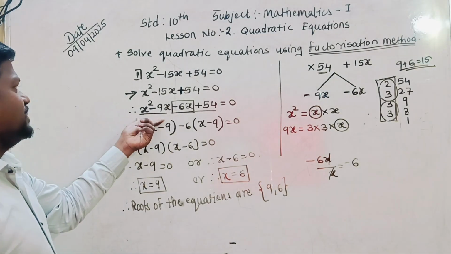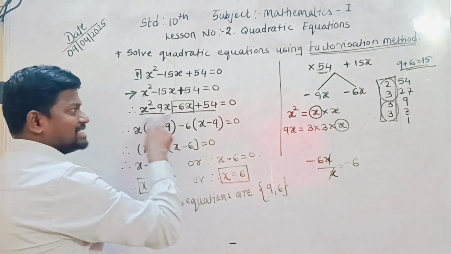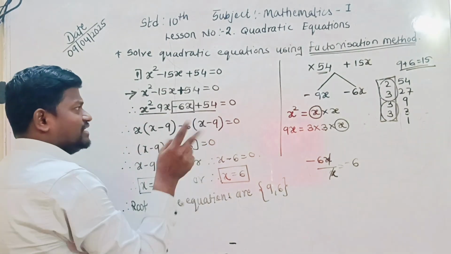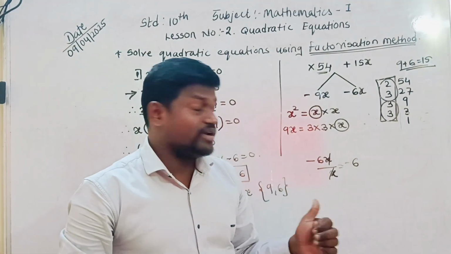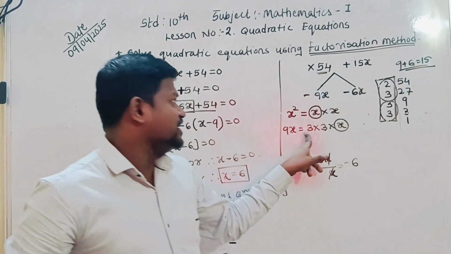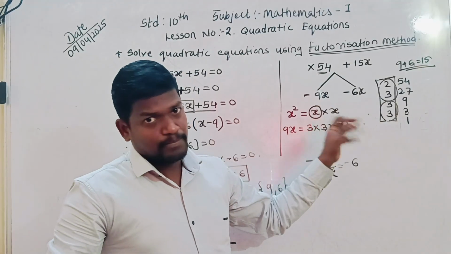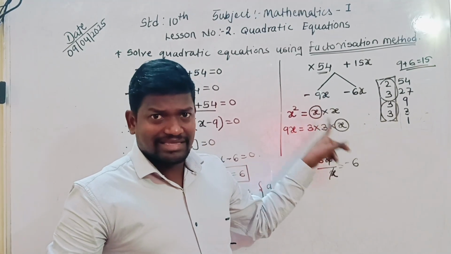Then we group the first two numbers and the last two numbers. Then factorize these two. X square: factors are x into x, and factors for 9x are 3 into 3 into x. After that, find the common factors, that is x.